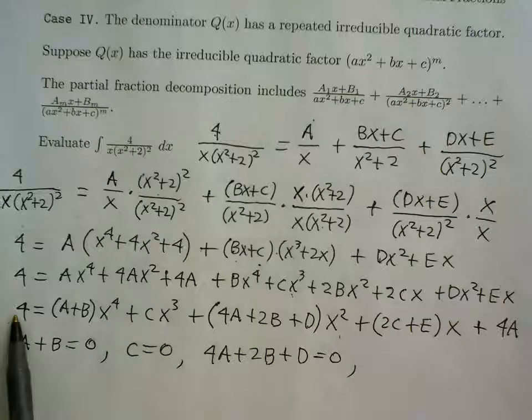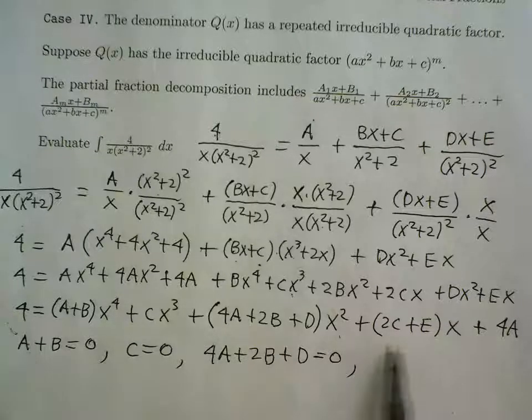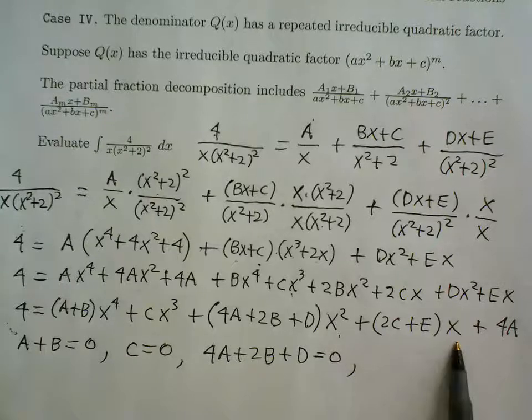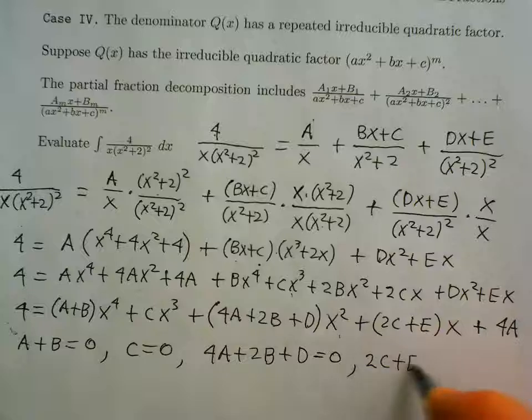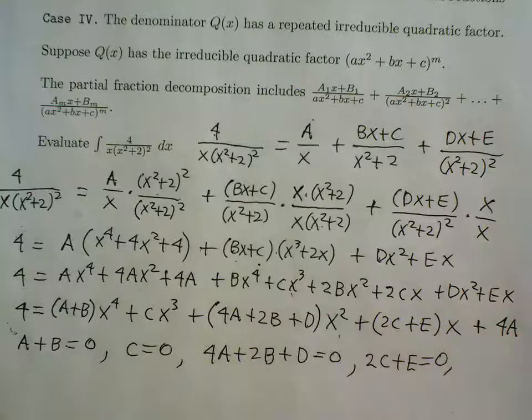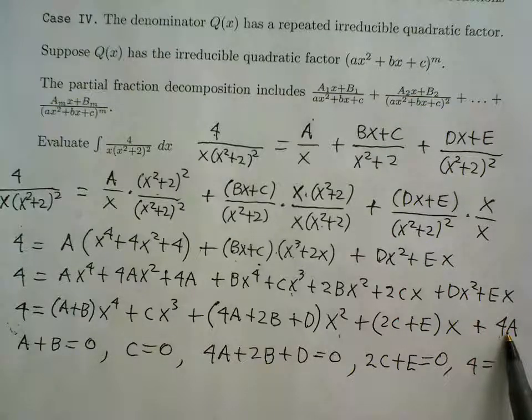The left-hand side does not have an x term. So that means on the right-hand side, the coefficient of x has to be 0. So the coefficient 2c plus e is 0. And then the constant on the left-hand side is 4. That's equal to the constant on the right-hand side, 4 times a.